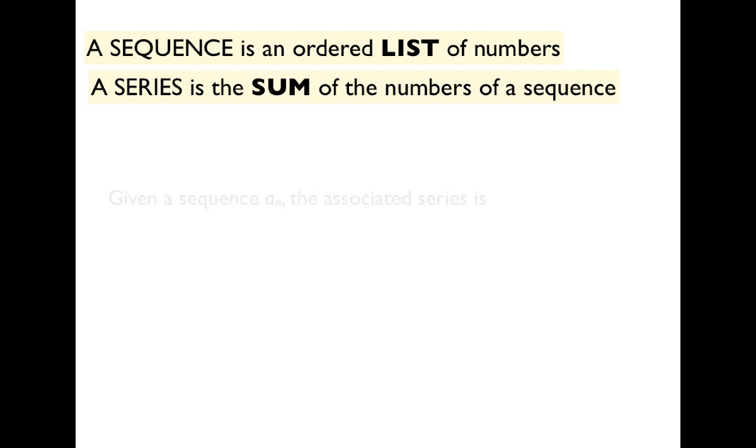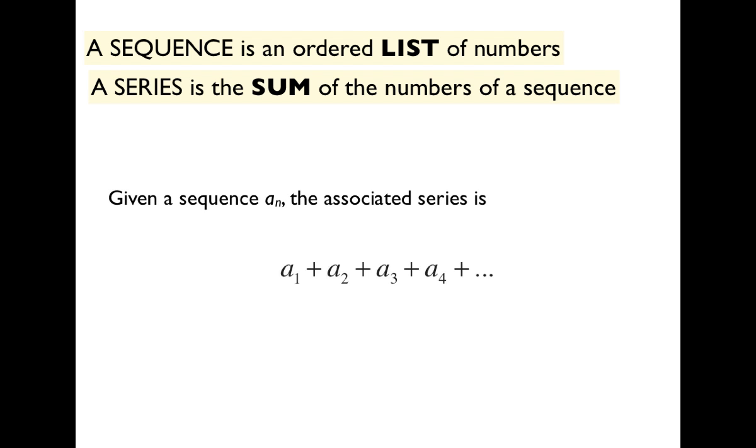Okay? So a sequence a_n and the associated series is this. Again, I should have braces around this. Given a sequence a_n, we know that the first number in the list is a_1, the second number in the list is a_2, etc. So the series then is adding them all together.